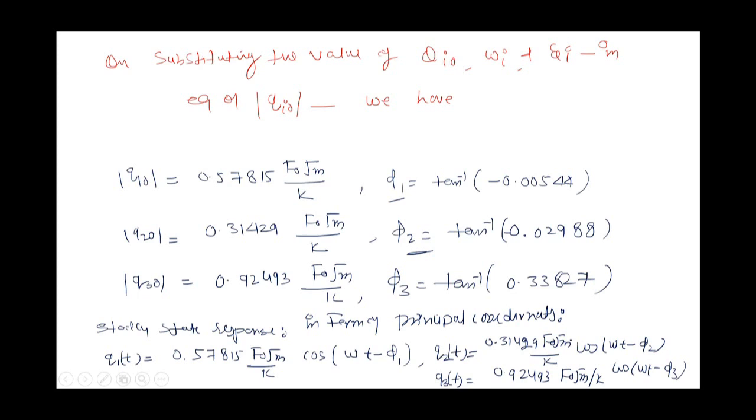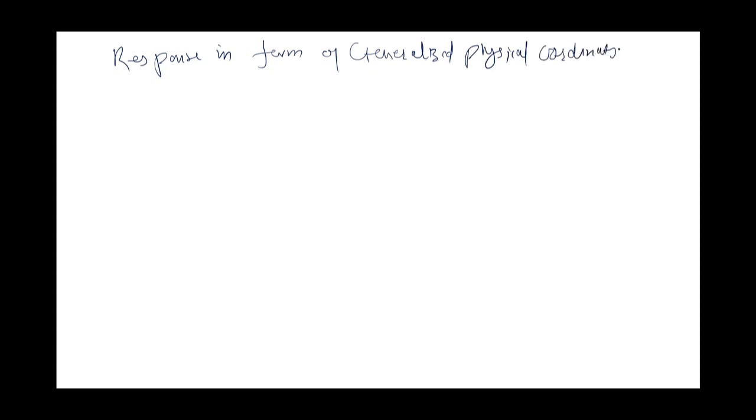This response in the form of principal coordinates can be converted into the generalized physical coordinates. So we can write the response in the form of generalized physical coordinates. We know that x(t) is the modal matrix phi multiplied by q.